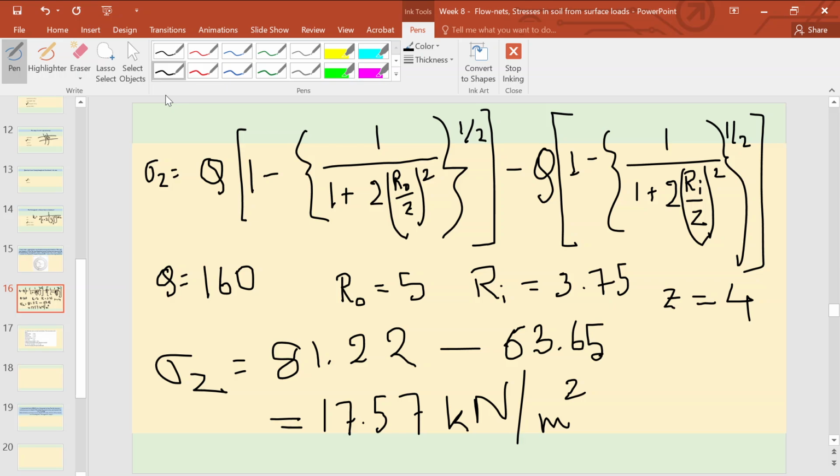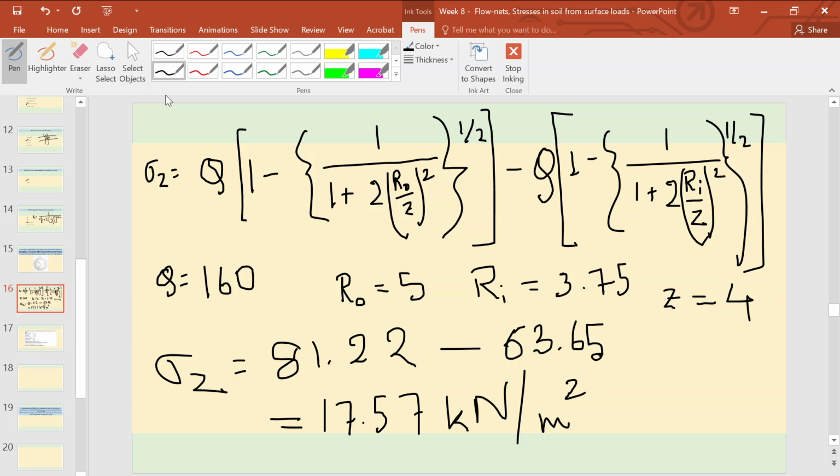Yes, this is the generalized formula for circular load, K into Q. The value of K is A divided by eta by Z, where eta has Poisson's ratio, whole square.